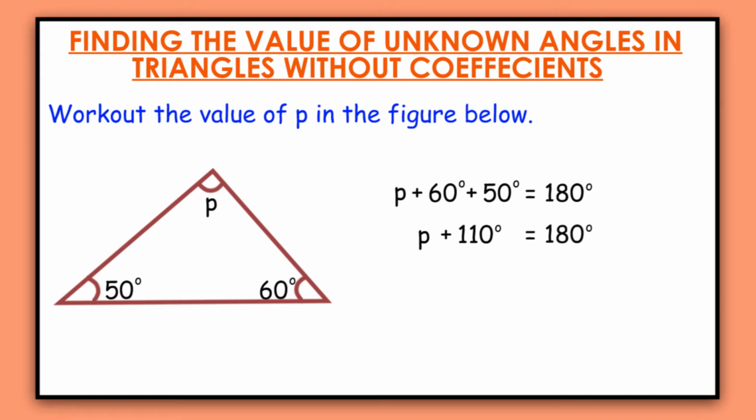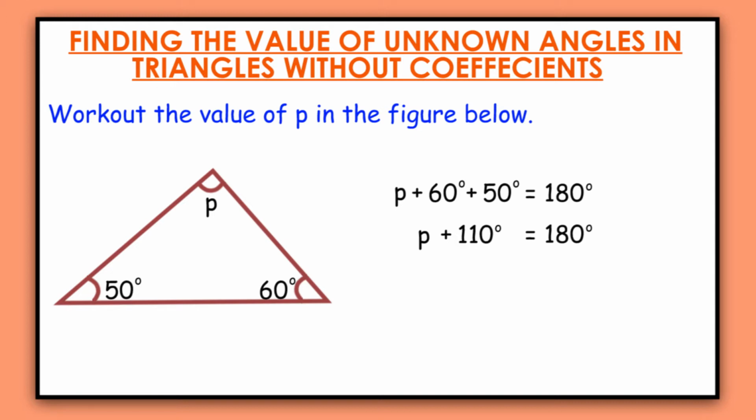In our third step, we shall collect like terms by transferring 110 degrees from the left hand side to the right hand side where 180 degrees is, and the transfer is with the help of the additive inverse of 110 degrees.